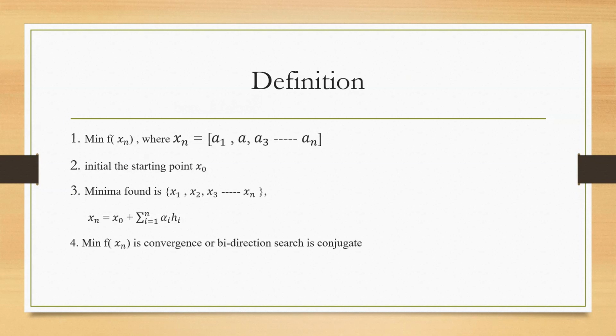The extreme point is found when the minimum of f_n converges, or when the bidirectional searches are conjugate, that is, the two search vectors are conjugate.